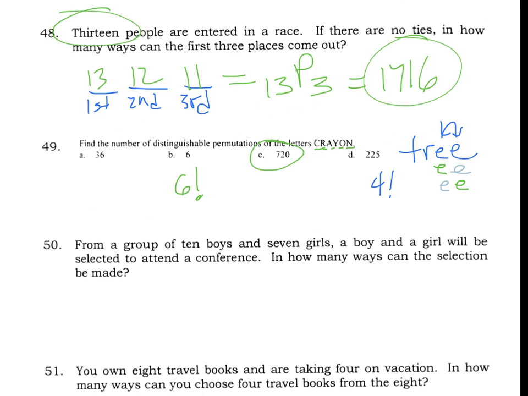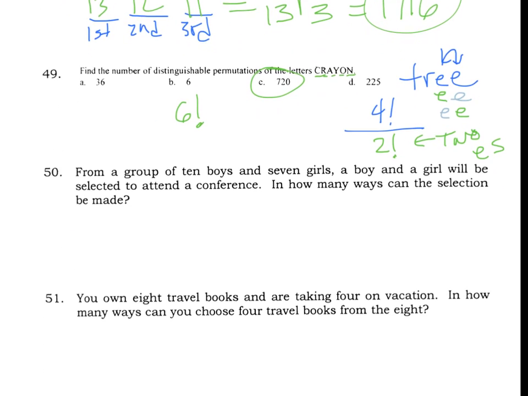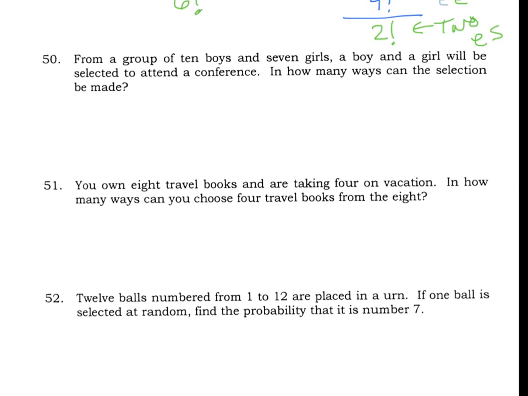So in this case, I have one extra step, and that is to divide by 2 factorial for the 2 letter E's. If there were 3 E's, I would divide by 3 factorial. If there were 10 E's, I would divide by 10 factorial. But in 49, there were no repeated letters, so it's just a straight up permutation, or factorial.